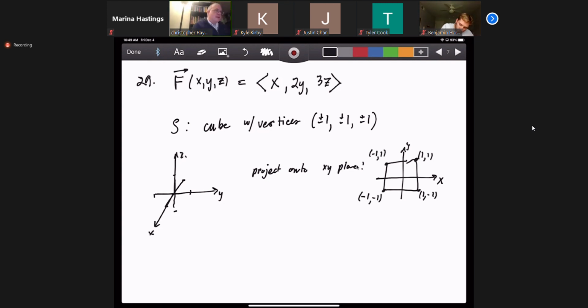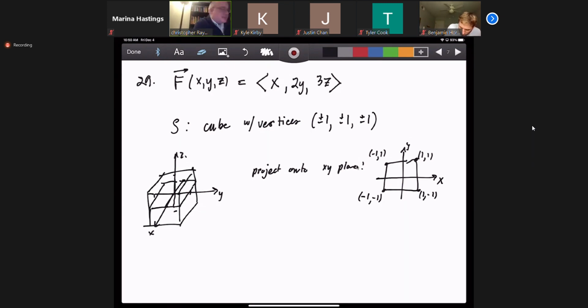Okay, so think of this square in the xy plane, and then we're going to go up or down by 1 unit in the z direction to build the cube. Okay, so that's our surface. We know our surface integral.